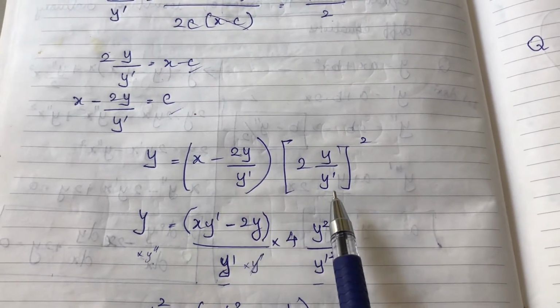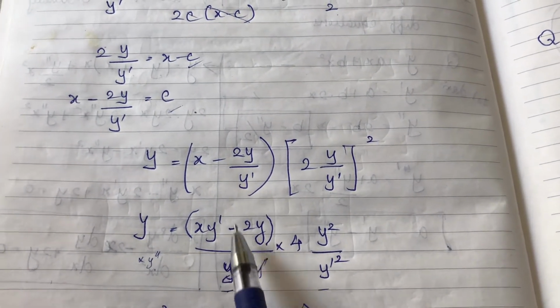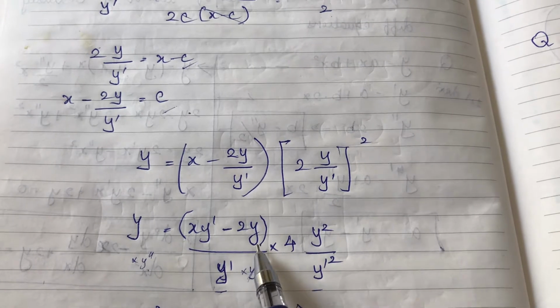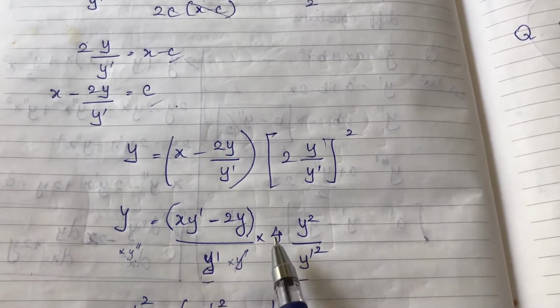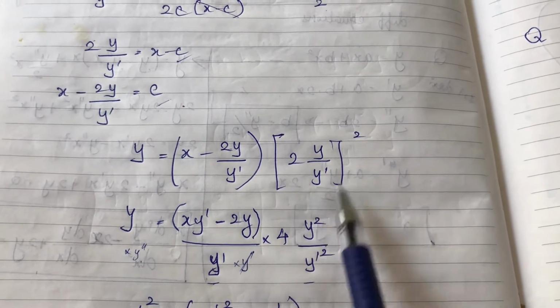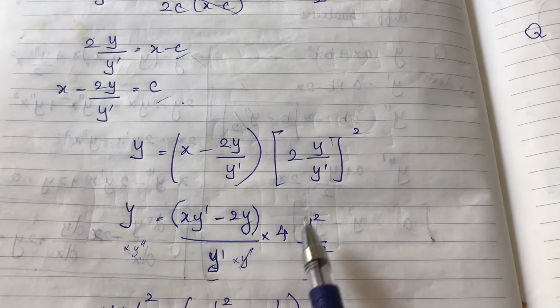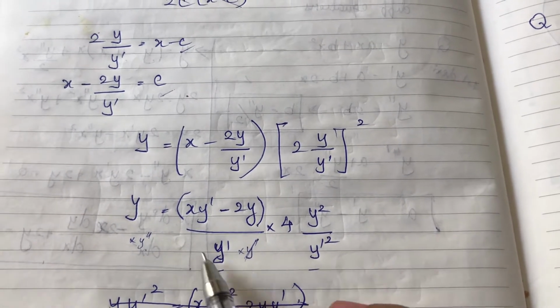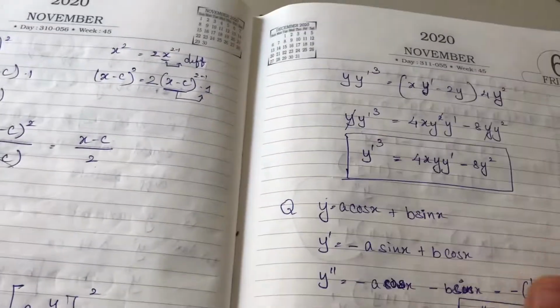Take LCM here. If I take LCM, x y dash minus 2y by y dash, into, if I take the square, 4 y square by y dash square. So there are 3 y's here, so I am just taking these 3 y's here.